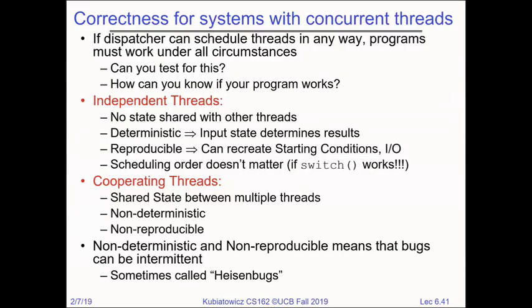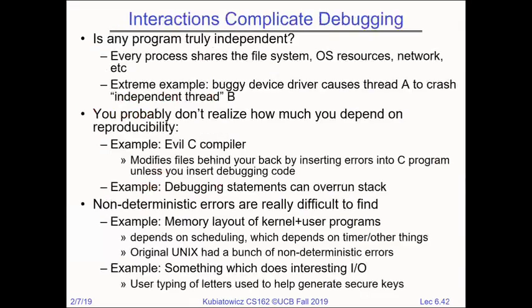So it's much better to design your code to be correct by design. Interactions complicate debugging. Is any program truly independent? If you are truly paranoid, you might say to yourself, wait a minute, they're all sharing the operating system, so there are shared structures inside, and that's going to cause that non-determinism. You're sharing the file system.